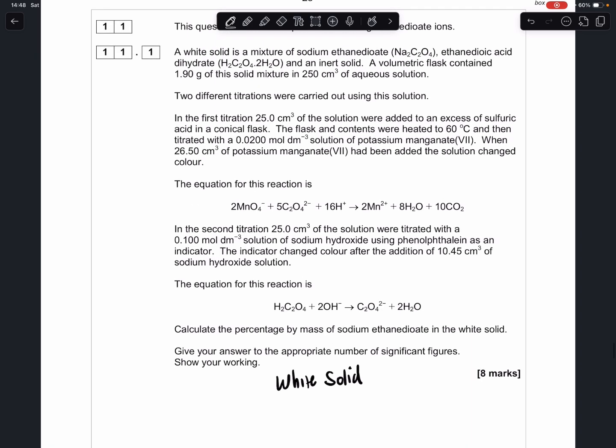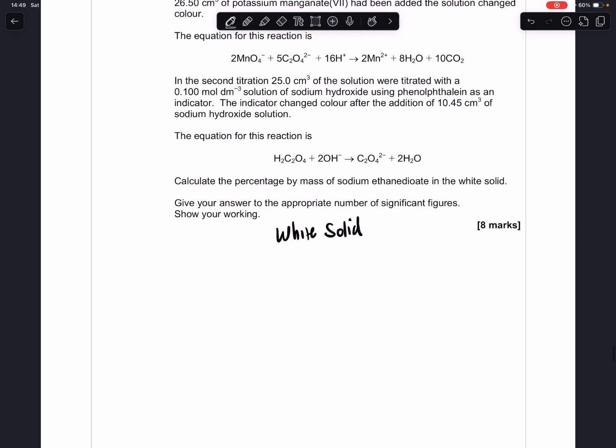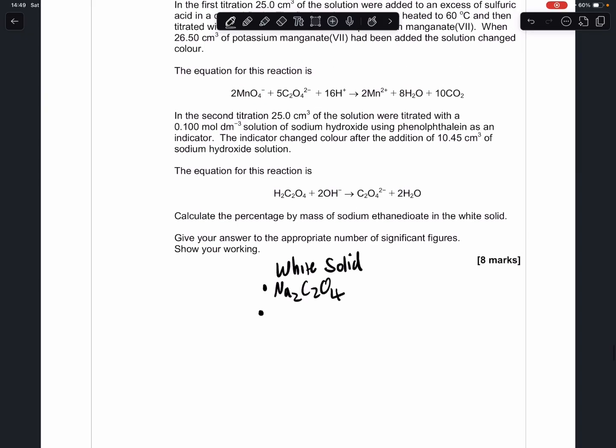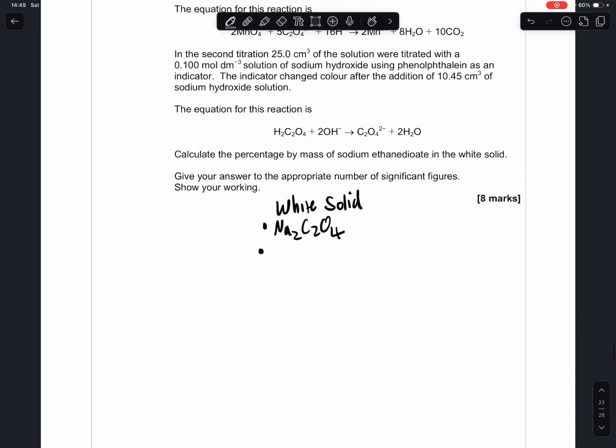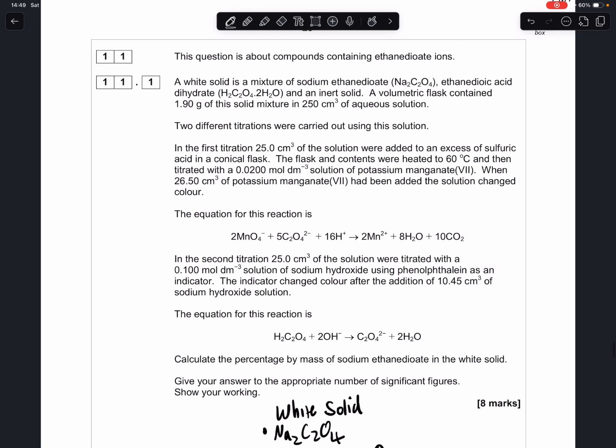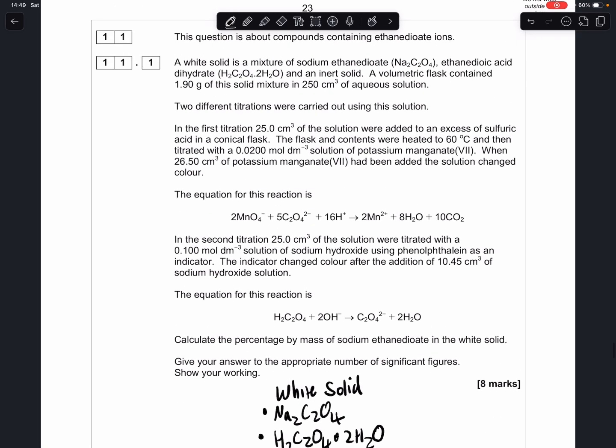We are told this contains Na2C2O4, and we're also told this contains H2C2O4 dot 2H2O. It's hydrated.